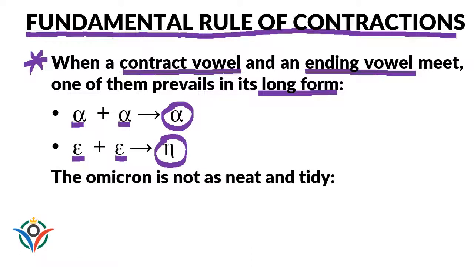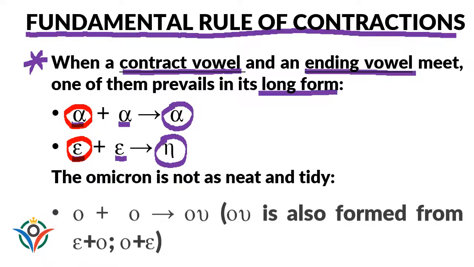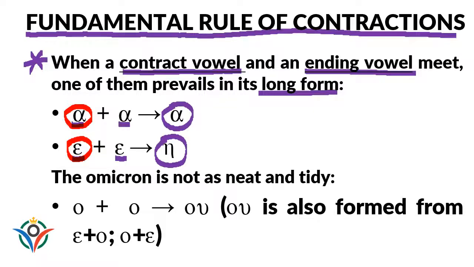Now, the omicron is not as neat and tidy as the alpha and the epsilon. So when two omicrons meet each other, you're not going to end up with an omega, which would be its long form. You end up with a diphthong, ou, an omicron and an upsilon.